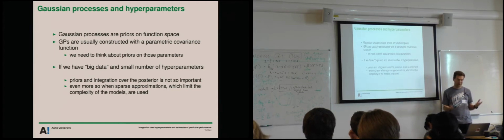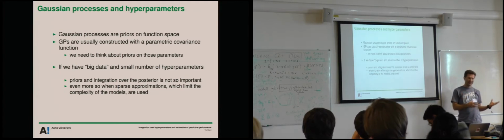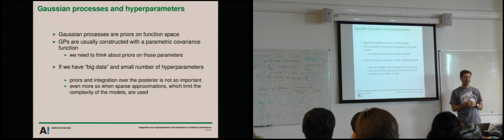And that's why also in machine learning, where the focus has been a lot on getting GPs to scale to big data, it's been just the maximization of marginal likelihood, or a lower bound in case of using variational approximations.